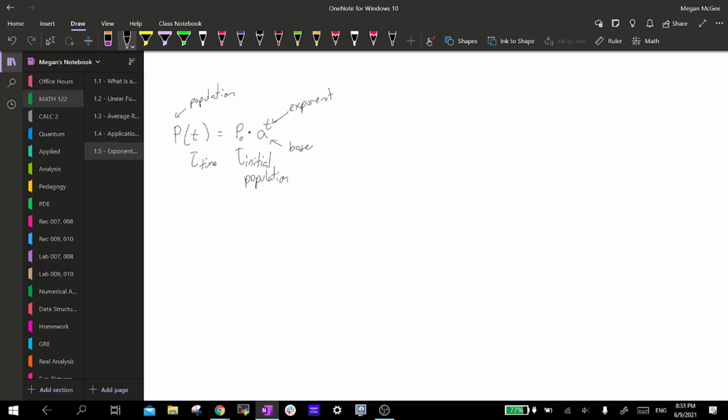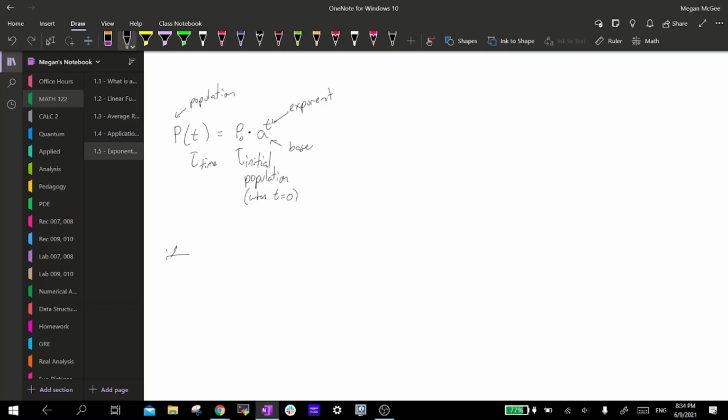Alright, so this is our typical population function. P naught is our initial population value, right? And we get this when t is equal to 0. So that's one of our intercepts, right? Alright, so then we recognize that we can either have a growing population or a decreasing or decaying population. And all of that rests on the base.